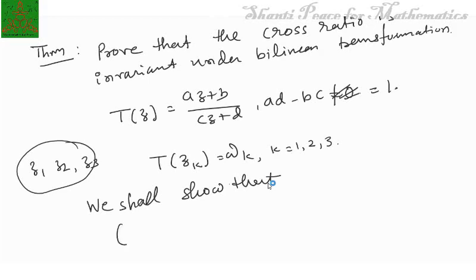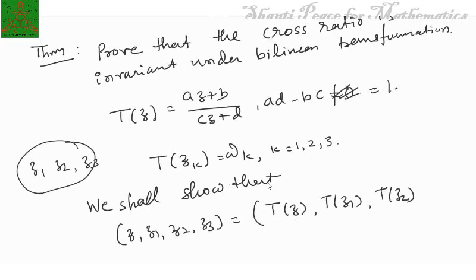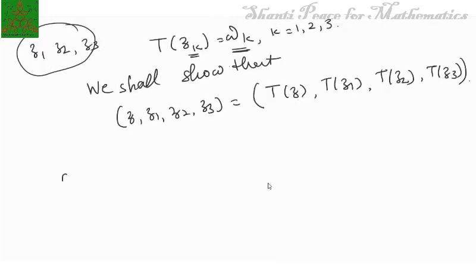So it is z, z1, z2, z3 and T of z, T of z1, T of z2 and T of z3. Since each zk corresponds to wk, we start with w minus wk, where k is 1, 2, 3, any of the values you can take.